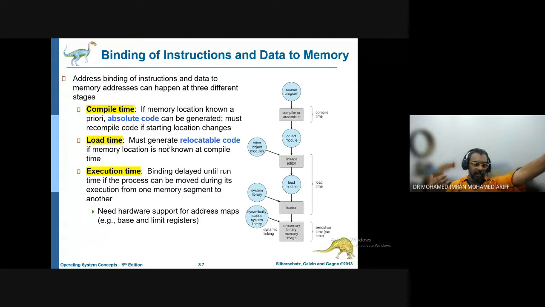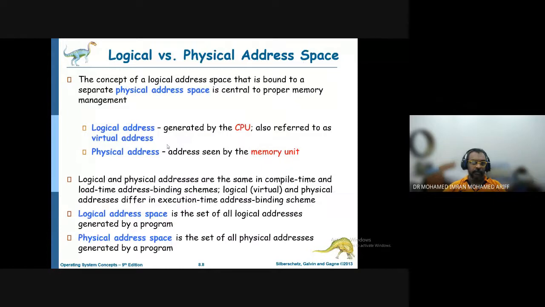Similarly, for any process, before it can be processed by the CPU, it goes through several stages: the compile time, load time, and last but not least, the execution time. Only the execution time is inside the CPU. When the CPU needs a specific file from the main memory, it comes out with a logical address, as I mentioned in the previous slide.